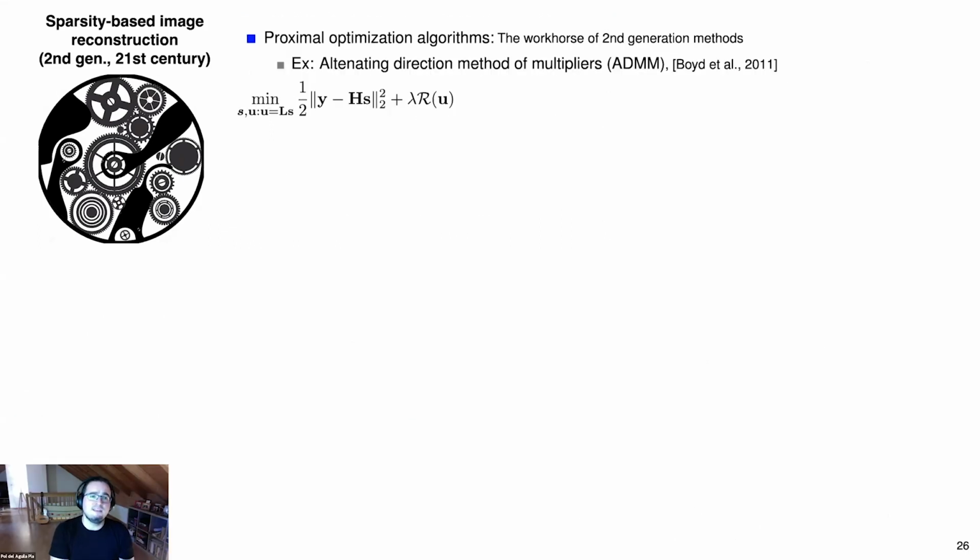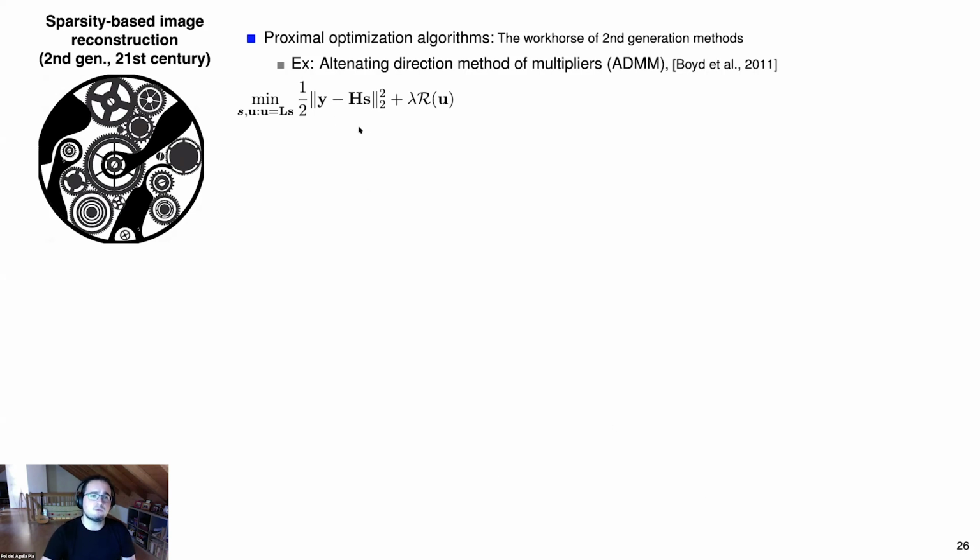This whole field, the field of the second generation reconstruction methods, is supported by proximal optimization algorithms, which are the workhorse inside. So we will focus on an example, which is the alternating direction method of multipliers, basically because it's a one tool fits all setup, which may not always be the most efficient, but it's generally easy to implement and adaptable to different problems.